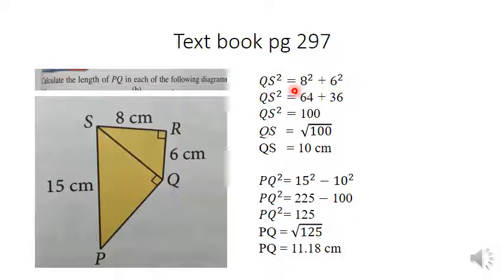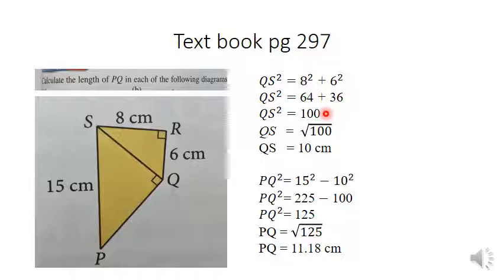Next, you bring down QS square, and then 8 square is equal to 8 times 8, answer 64. 6 square, 6 times 6, answer 36. Next, you find the answer, bring down QS square, and then 64 plus 36 is 100.